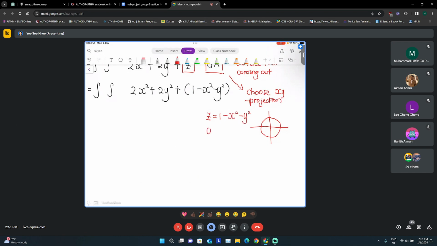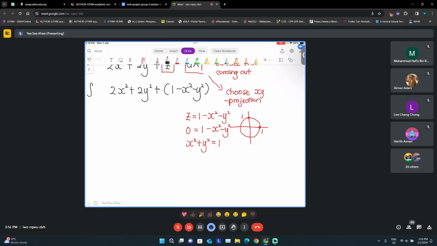At position z equals 0 you will have these equations, and when you rewrite it, you can see that this is the equation of a circle with radius 1.